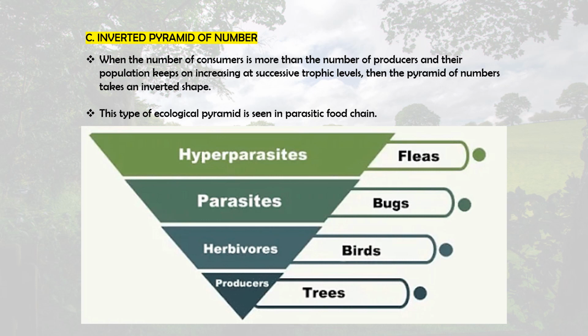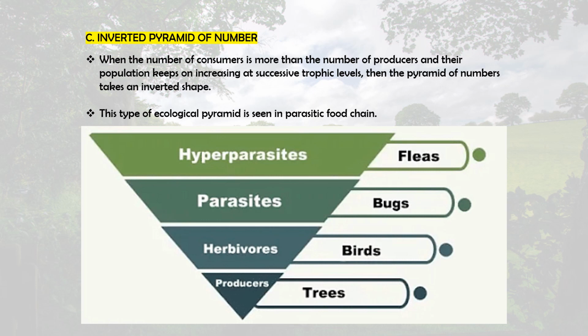And here this is typically an example of a parasitic food chain, where producers like trees are less in number, herbivores are more than the producers, and the parasites that are present on the host, like bugs, ticks, lice, which are on herbivores, are more in number than herbivores, and the hyperparasites like fleas, which are present inside or on the parasites, are then more than the parasites of the third trophic level.